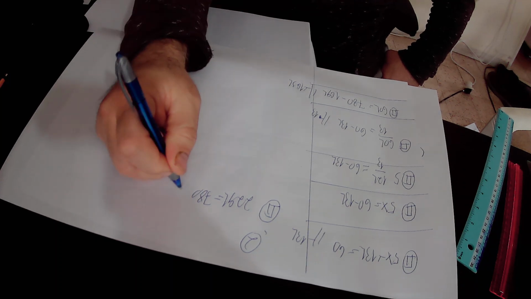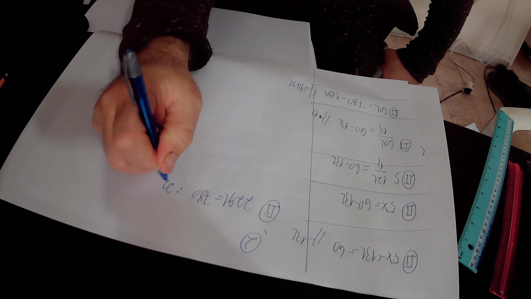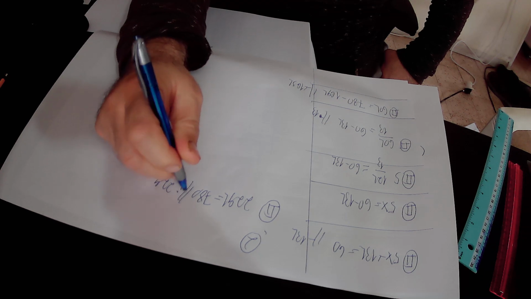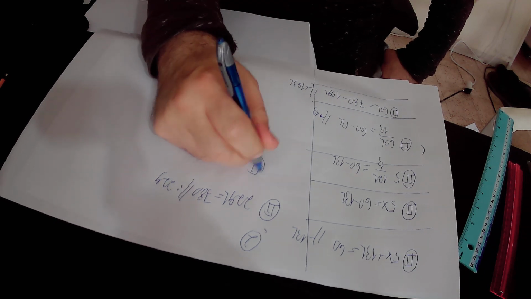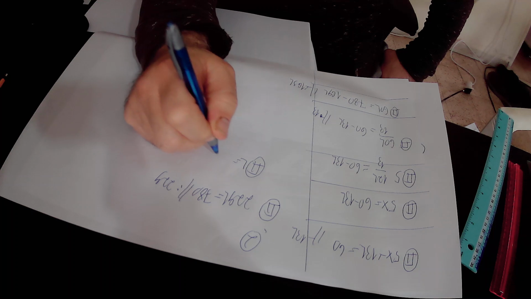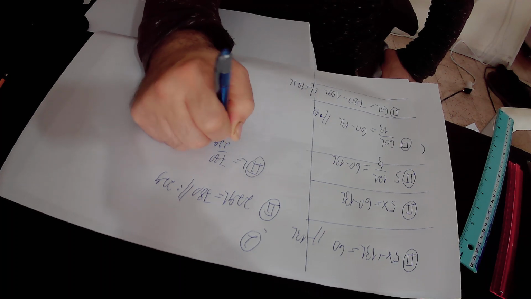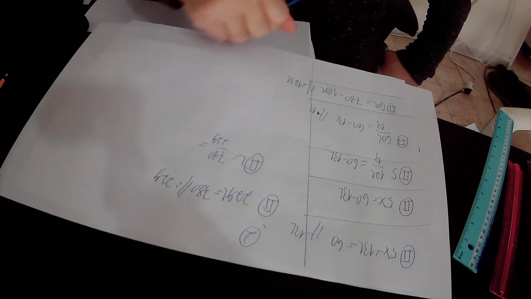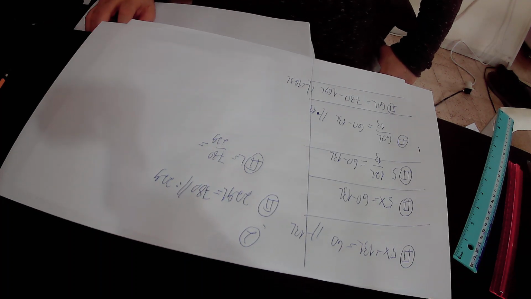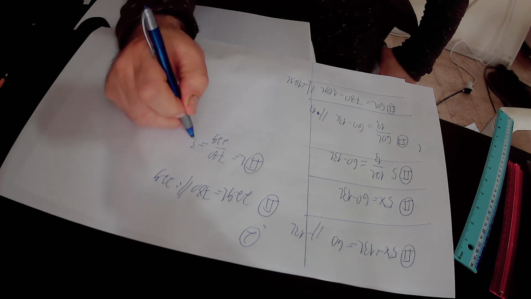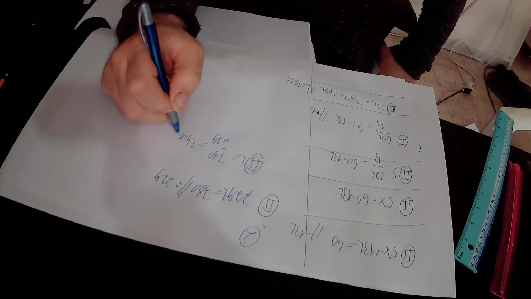Here we divide equation 2 by 229, and we get L equals 780 over 229. So 780 over 229 equals 3.40611.